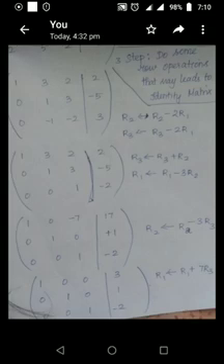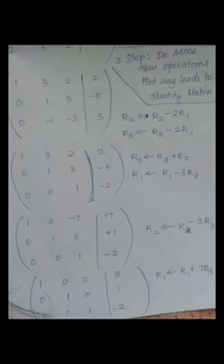After performing these operations over R1, R2 and R3, what we get is 1, 0, minus 7, 17, then 0, 1, 0, 0, 0, 1.